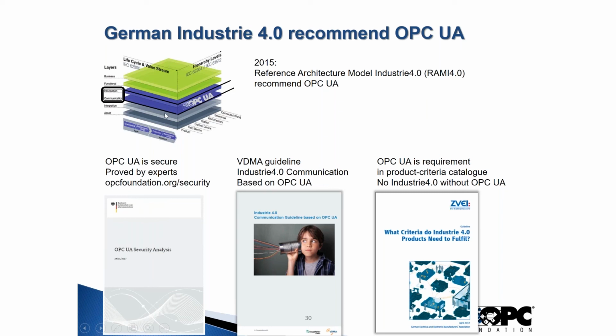Because of the relevance to the German Industry Initiative 4.0, the German Federal Office for Information Security, the BSI, has analyzed the OPC UA spec, but also the reference implementation, and has given a very positive public report, which you can find on the OPC Foundation, but also the BSI web site. It's called OPC UA Security Analysis.